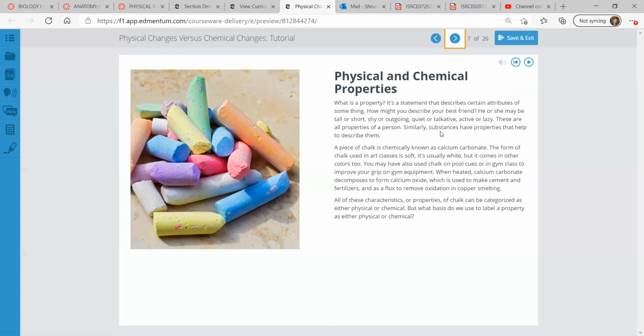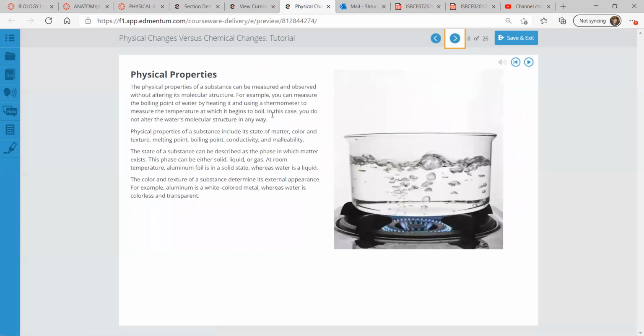But on what basis do we label a property as either physical or chemical? Physical: the physical properties of a substance can be measured and observed without altering its molecular structure. So one of the examples, from the questions previously asked, is that you can measure the boiling point of water by heating it and using a thermometer to measure the temperature at which it begins to boil.